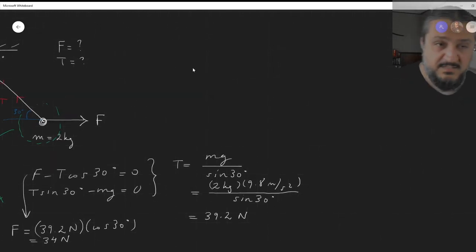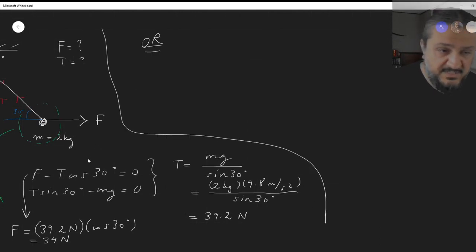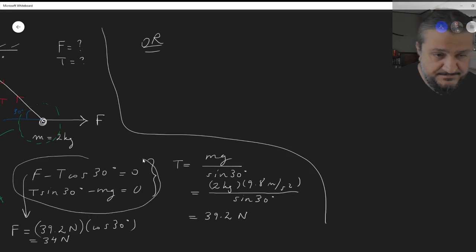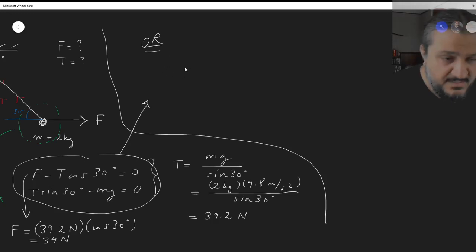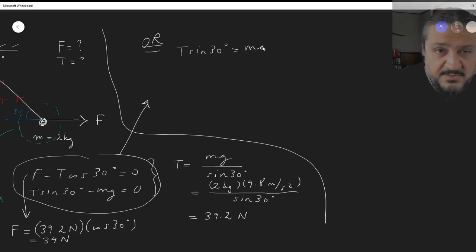Or, let's say, we take these two equations, but solve for F first. How do we do that? Easy. You can write them as T sine 30 is equal to mg. That's the second equation. And the first equation says T cosine 30 is equal to F.